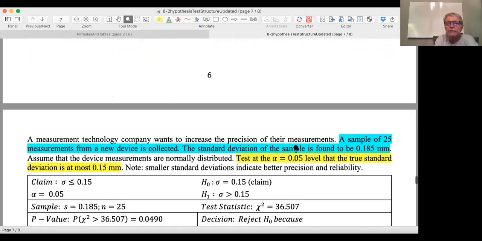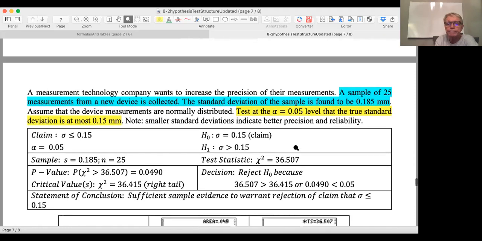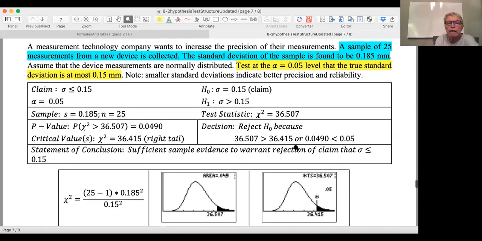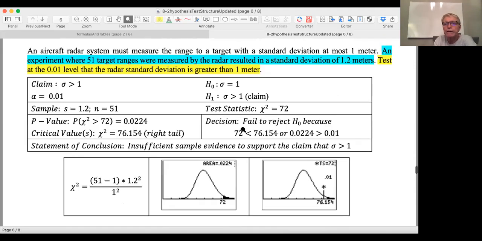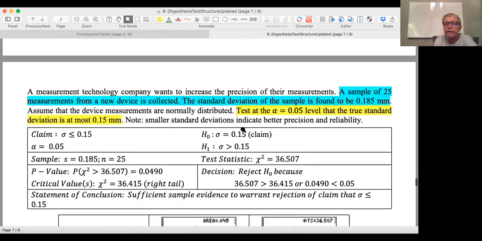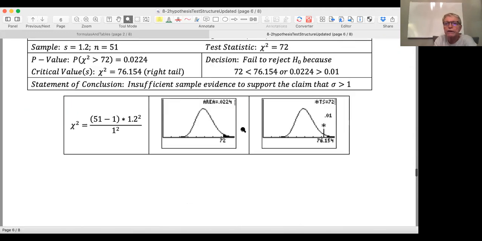Okay, so now let's look at the next one. We reject H0. The claim included equality. So I'll tell you what, let's go look at what we would say. We rejected and it included equality.